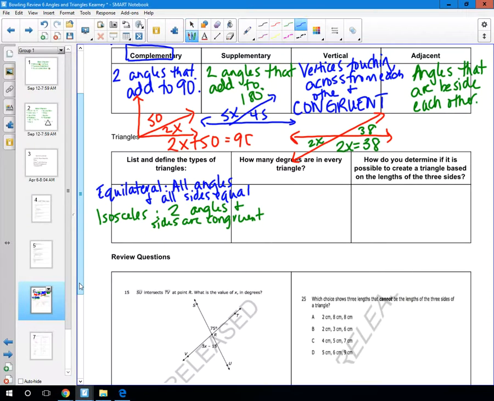And then the last one, we have equilateral, all equal, scalene, no sides are equal and no angles are congruent. Isosceles, eyes, two. So scalene, no sides and angles are congruent.